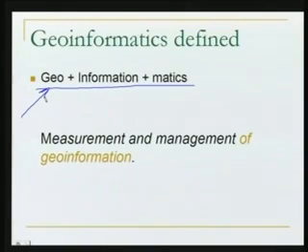Information about those features which are there on the surface of the earth. Then matics stands for measurement. So we are going to measure whatever is there on the surface of the earth, slightly below, slightly above. In addition to the measurement, one more aspect of geoinformatics is the management.